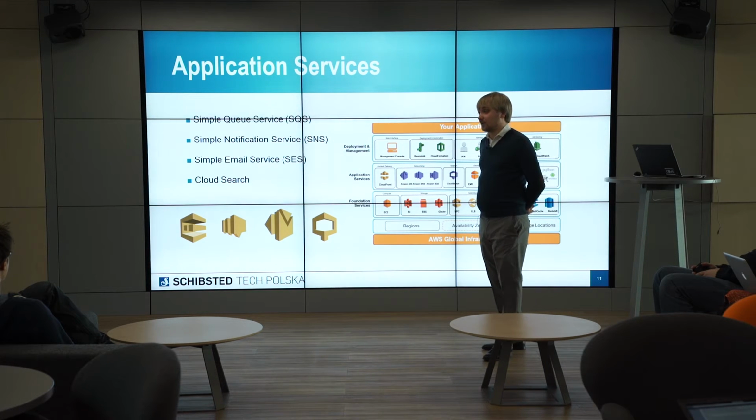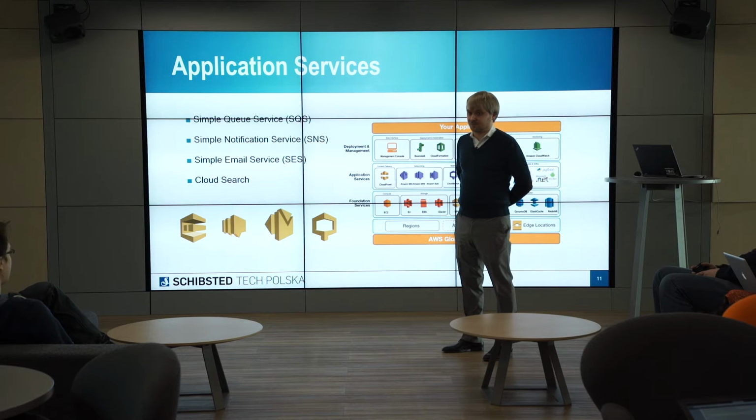With CloudSearch, you may run searches inside your web pages, inside your big chunks of data. We may compare that with Elasticsearch or Solr or other searching solutions, but with those, you must actually maintain infrastructure. Management tools: CloudWatch.